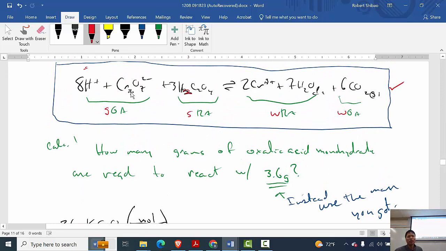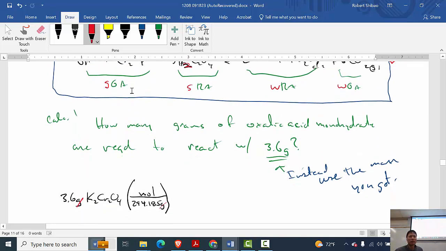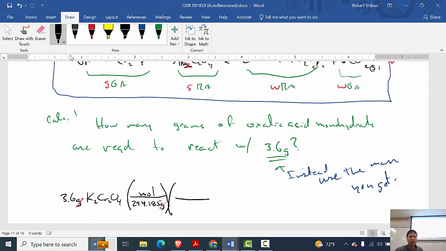In this equation, I have dichromate, not potassium dichromate, but we know that potassium dichromate is a strong electrolyte. Even if it wasn't, we know that for every 1 mole of dichromate ion, I'll need 1 mole of potassium dichromate. And so the moles of potassium dichromate cancel.